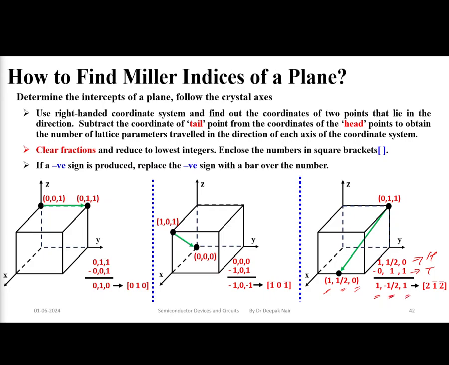So here you have a fraction in the y axis. So reduce the fraction. For that, take the LCM and you get 2, 1 bar, 2 bar. And this is our Miller indices for the third image.